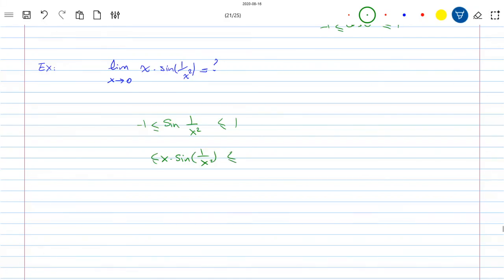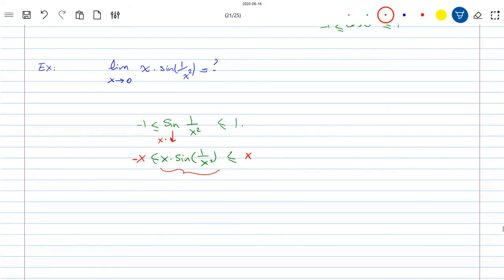To get to that, I multiplied by an x, so I should multiply x to both sides. I'll get negative x and positive x, or negative 1 times x. So I know that this middle function is between negative x and x.